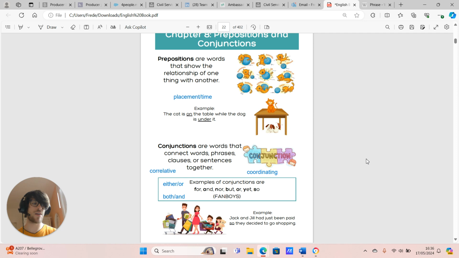Because you can't really say you can have either this, you need something else there, don't you? Your hair can be either brown, blonde. You need another word in there, and that other word is or. So either or, both together, make one correlative conjunction.